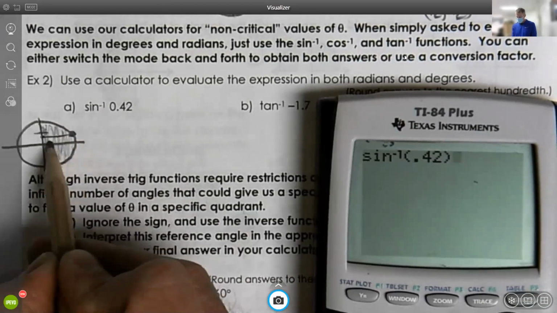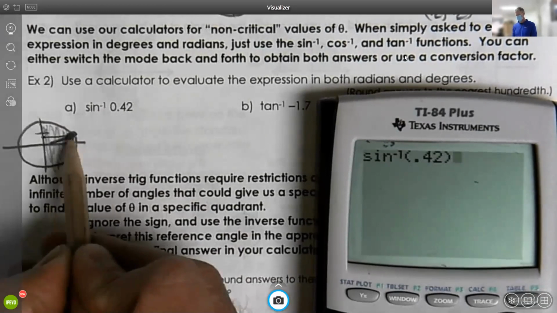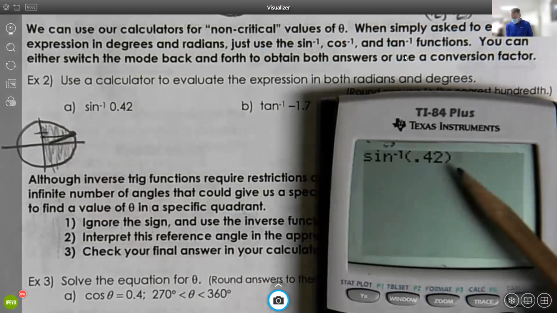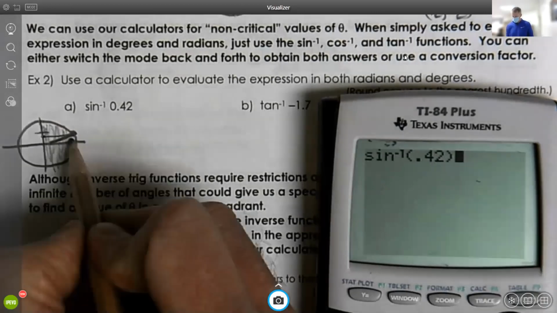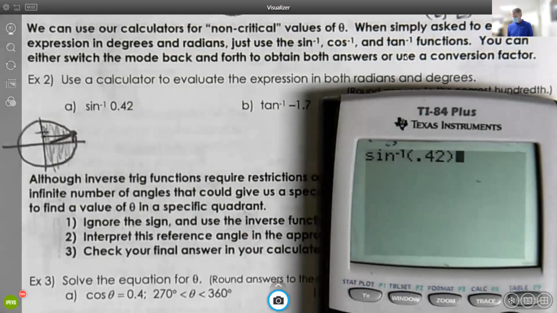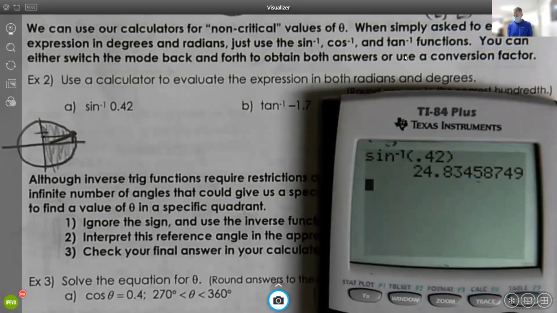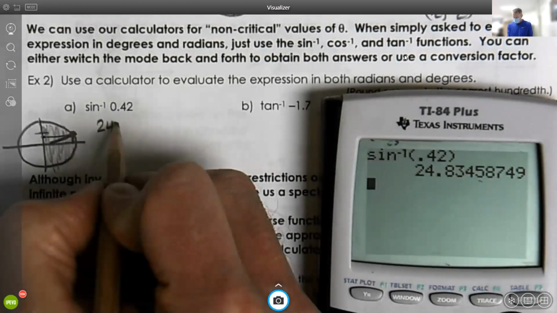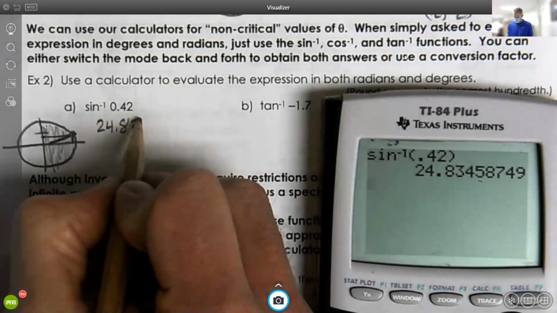And what is that angle that is formed? What is 0.42 up? That's what this is asking. You're up 0.42. That's a 24-degree angle. 24.83 degrees.